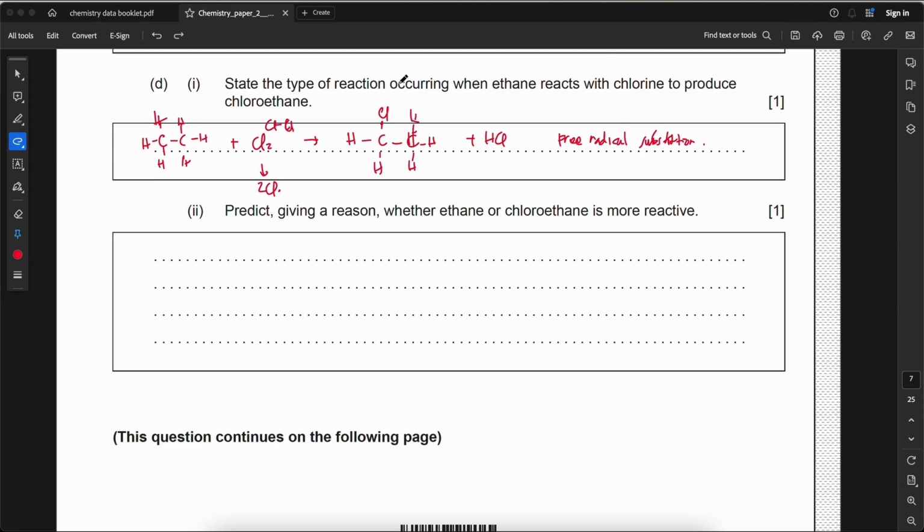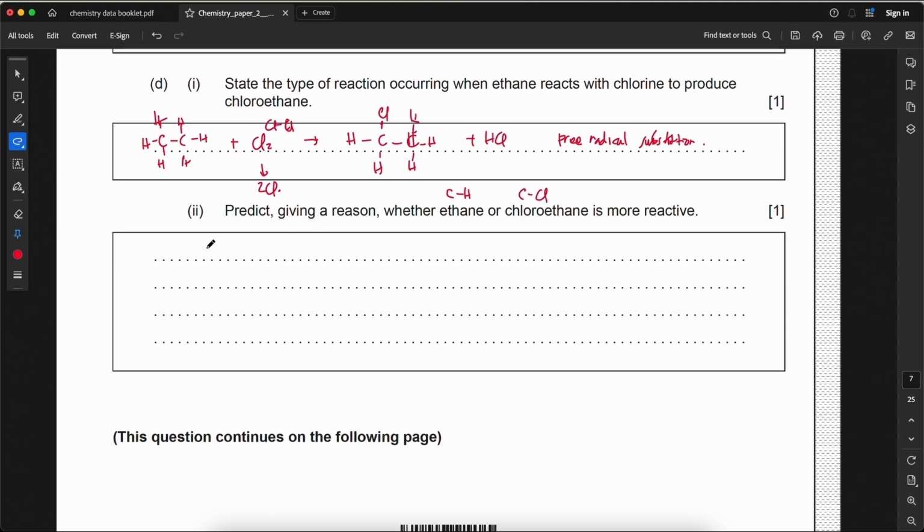Predict, giving a reason, whether ethane or chloroethane is more reactive. Ethane has the C-H bond. Chloroethane has C-H, but we focus on C-Cl.